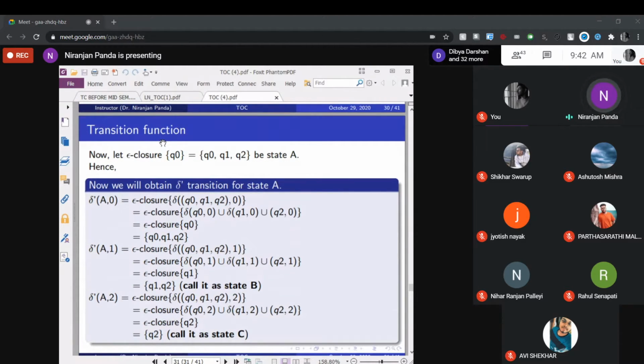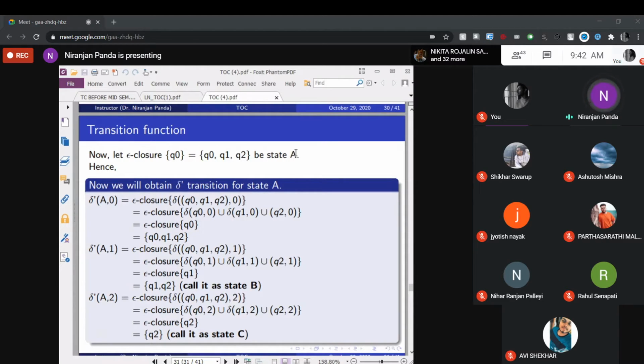Okay, then what is the initial state of NFA? Q0. Then finding its epsilon closure, the epsilon closure of Q0 is Q0, Q1 and Q2. And hence, this is the initial state of the DFA.